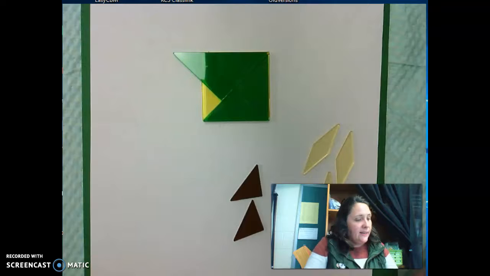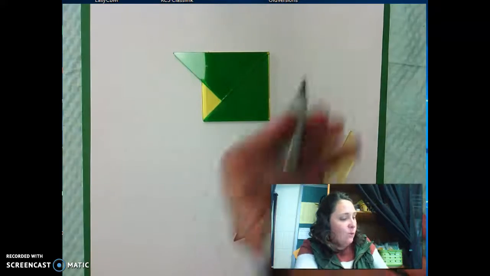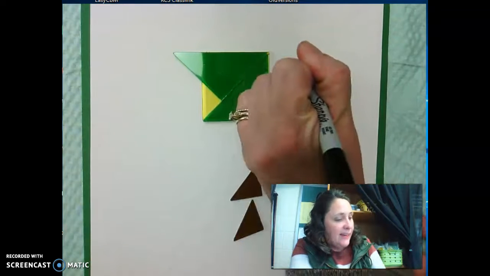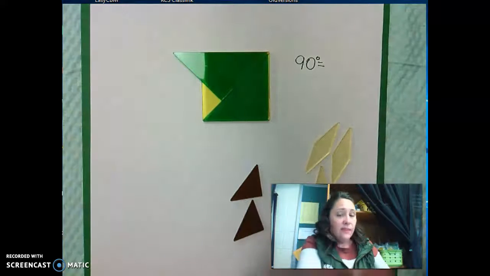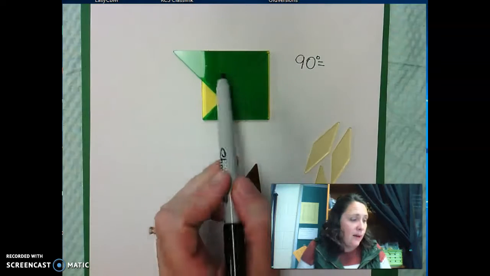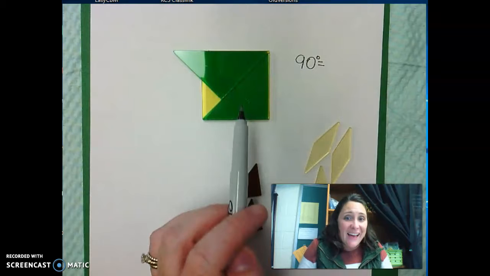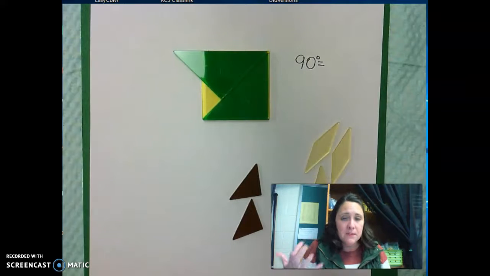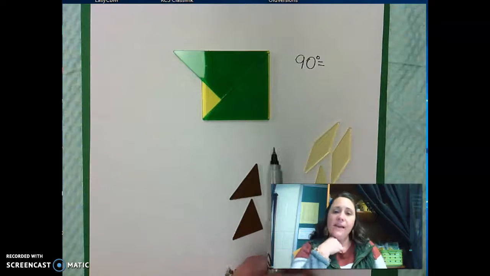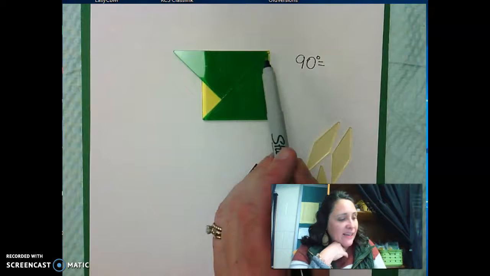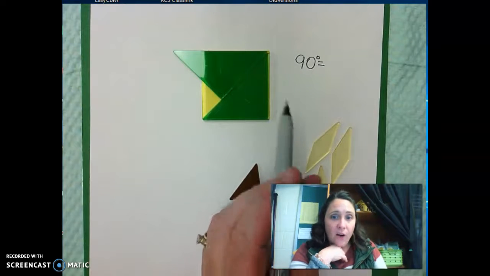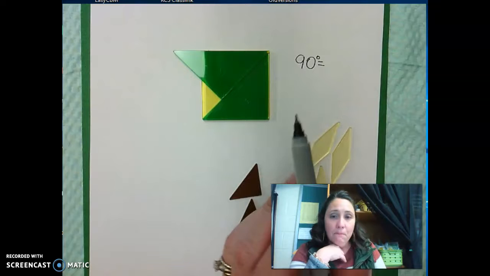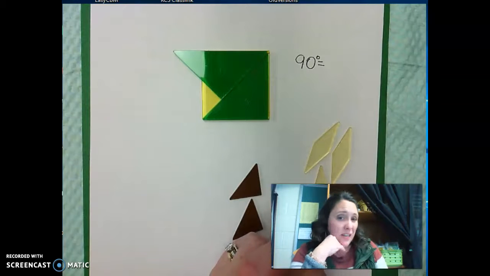Now, if I know that I want to get to 90 degrees, and I notice that I've used two smaller polygons that are the exact same shape, same size, what do we already know that each of these angles measures?